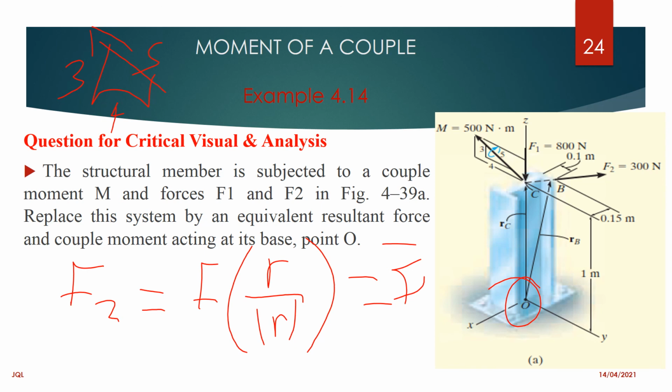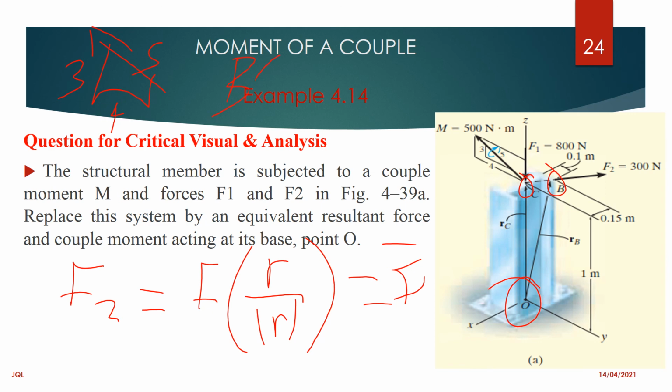Already we know where this guy is. Here the coordinates we know, and where the guy is living we also know the coordinates. Those are 0, 0, 0, and where that guy is, the coordinates in x is negative 0.15, then in the y is negative 0.1, then in the z is 0.